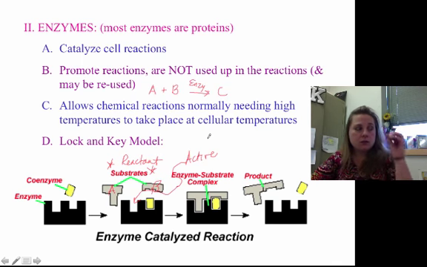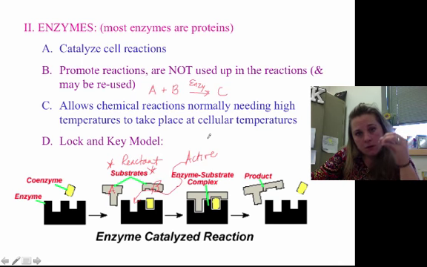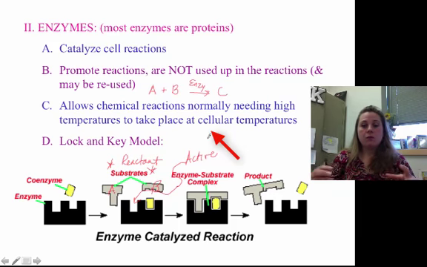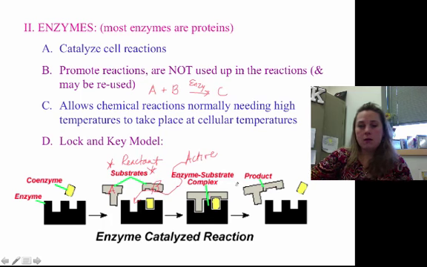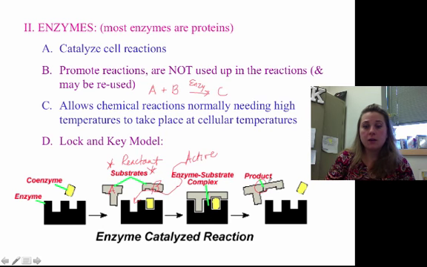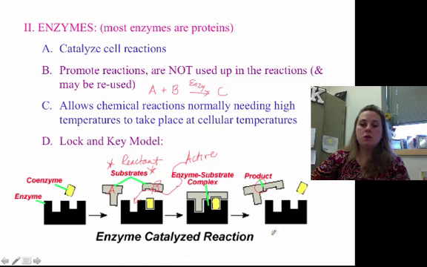So it's a very distinctive, very specific fit that happens. Now when they're there, that lock and key, okay, now my substrates are really close together. That enzyme is going to, boom, link them together, and off comes C, my product. It's released. The enzyme can now be used again.